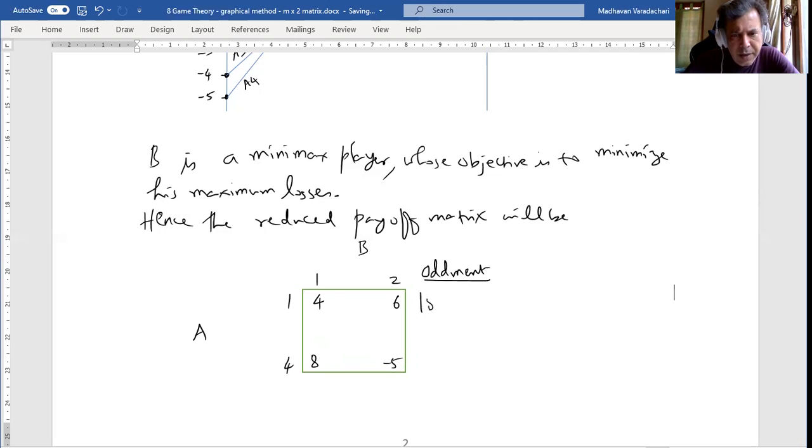First one, it is 8 minus of minus 5, which gives 13. Here it is 4 minus 6 under modulus, which gives 2.